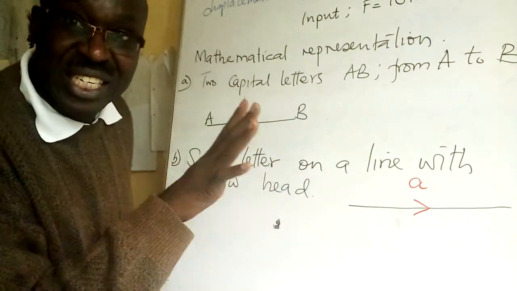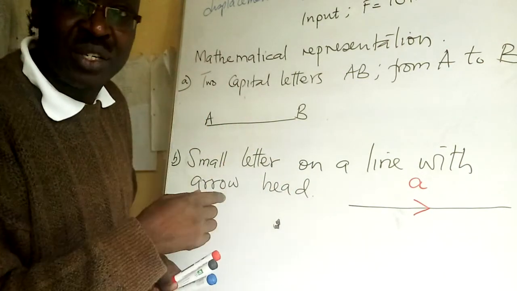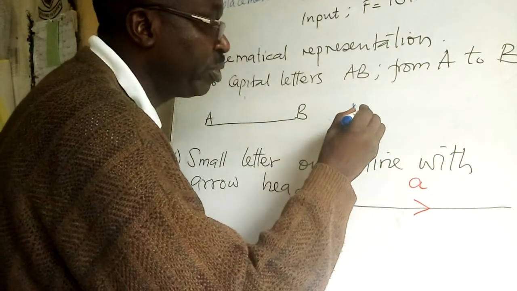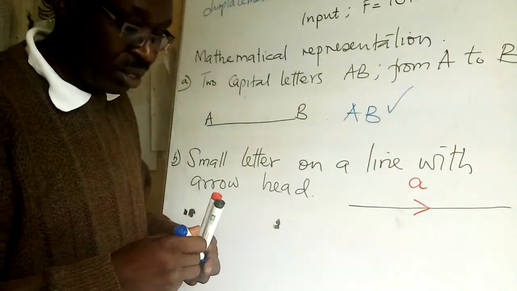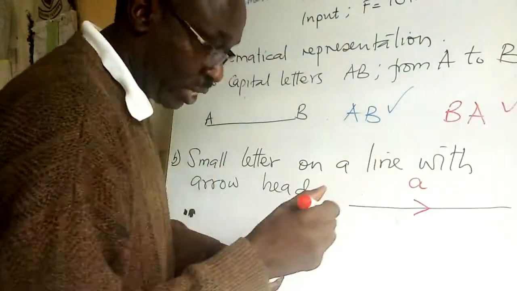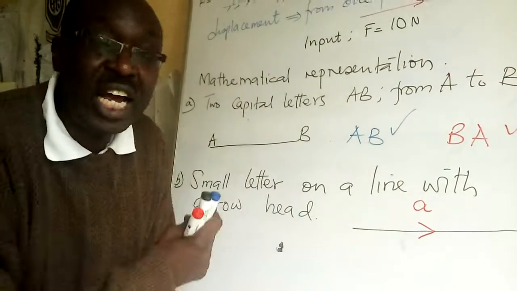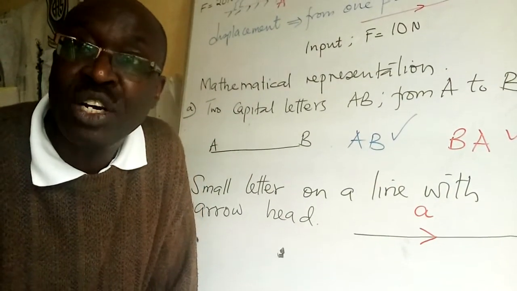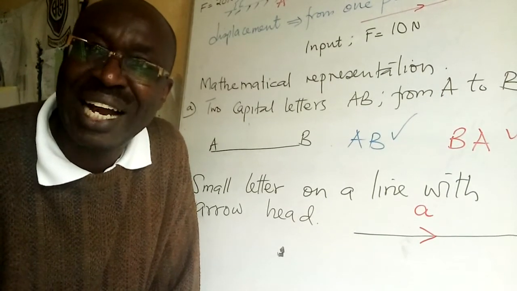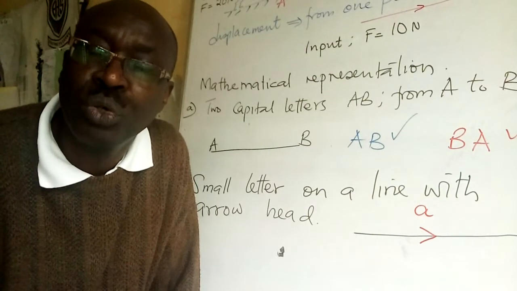So you have to beef up your understanding. The way this line segment is, if I ask a student, can you give me the name? He will say AB, which is correct. Another boy will say BA, which is correct. So if I draw the line segment and I don't give you the capital letters, don't jump into conclusion.